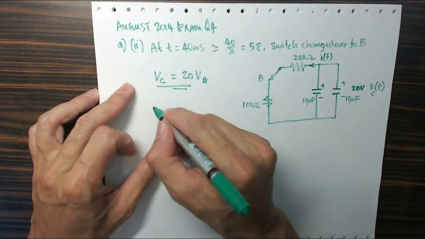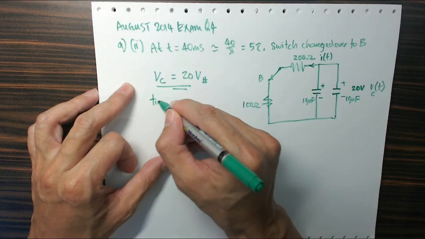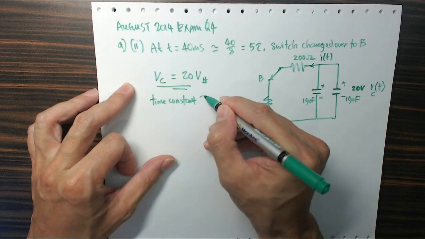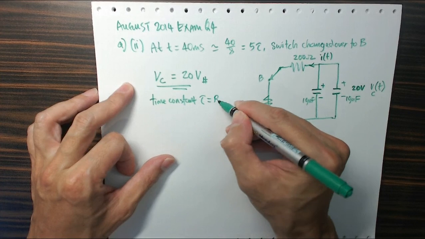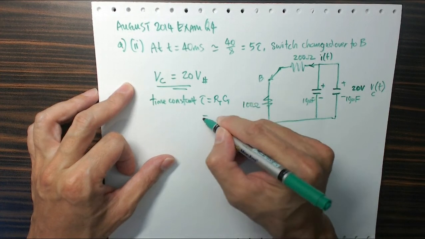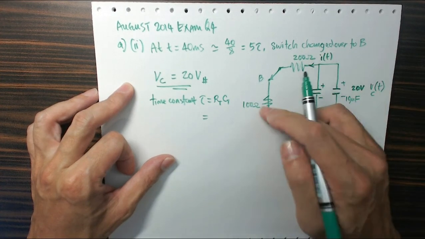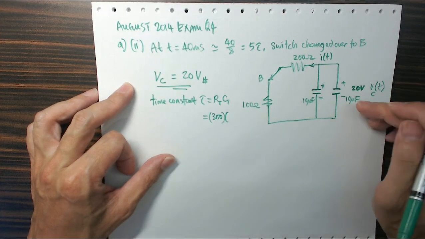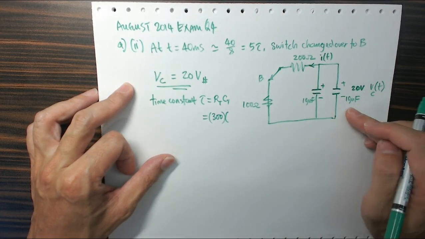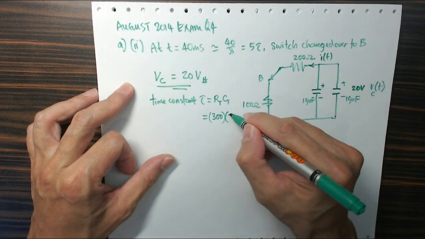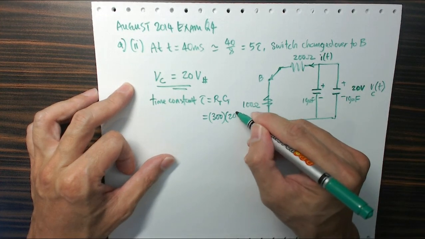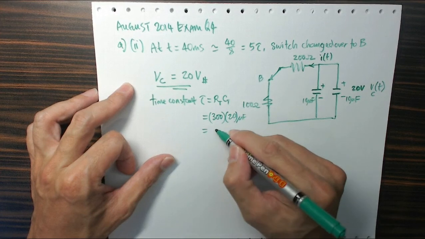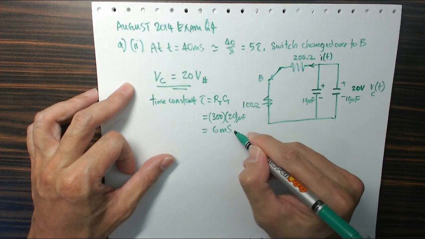Therefore, the new time constant tau is again R total times C total, where the new R is 200 plus 100, so 300 ohms, multiplied by the total capacitance. It's 10 microfarad plus 10, so 20 microfarad. So we get 6 milliseconds.